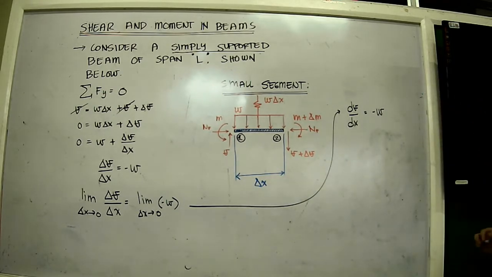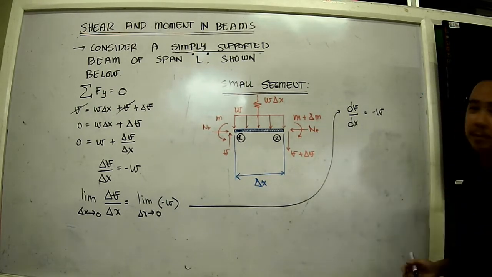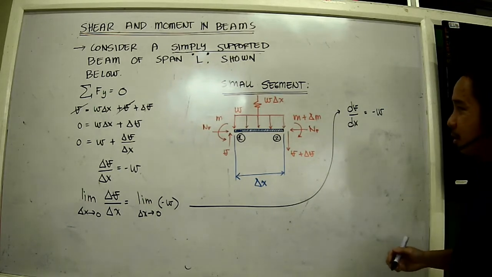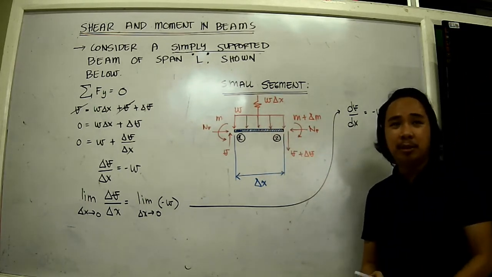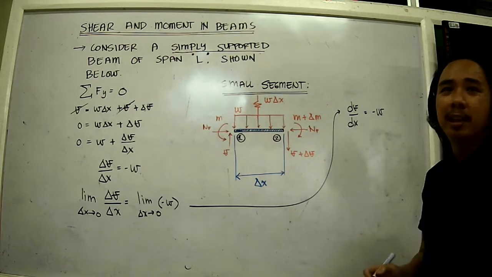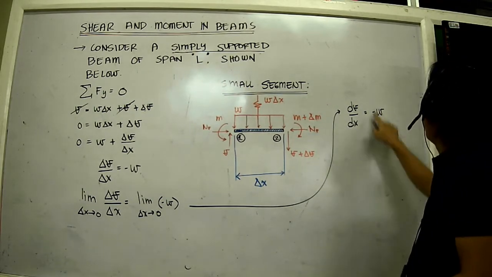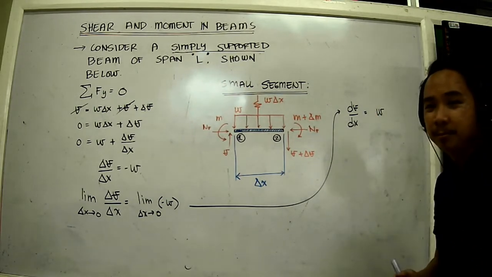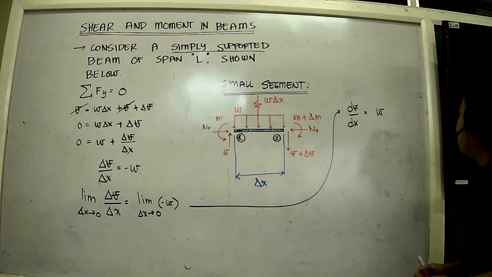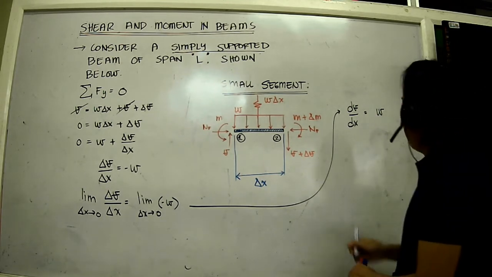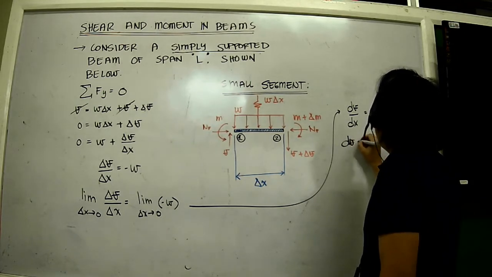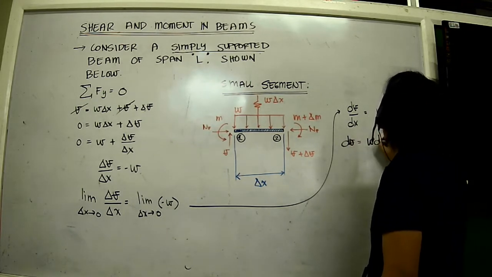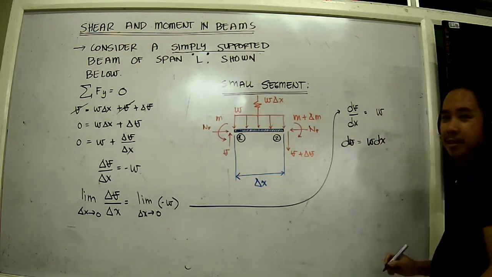Now, I'd like to do away with the negative sign. W is a variable, so it will change. It can be positive or negative, so why not just ignore the sign. Moving dx over, I will have dV equals W times dx.